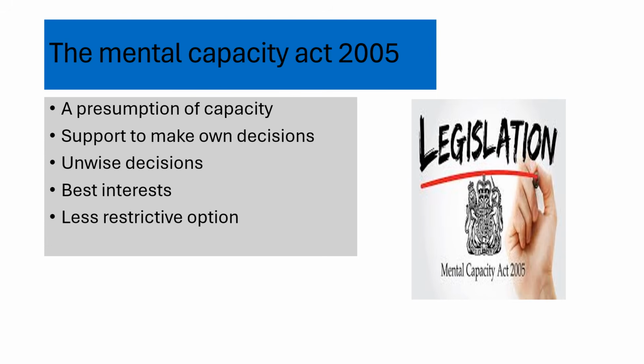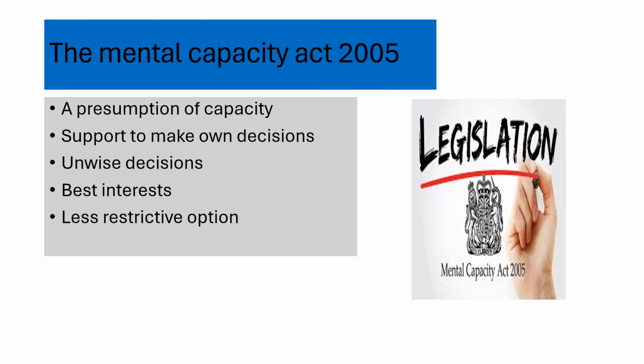You can have support to make your own decisions. A person must be given all the practical help before anyone treats them, so they can make their own decisions. Unwise decisions: just because an individual makes what seems to be an unwise decision, they should not be treated as lacking capacity. We have best interests.